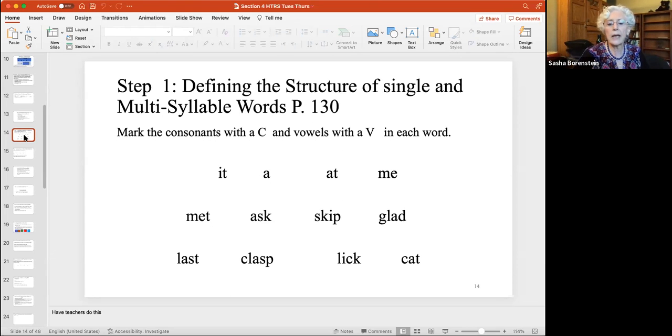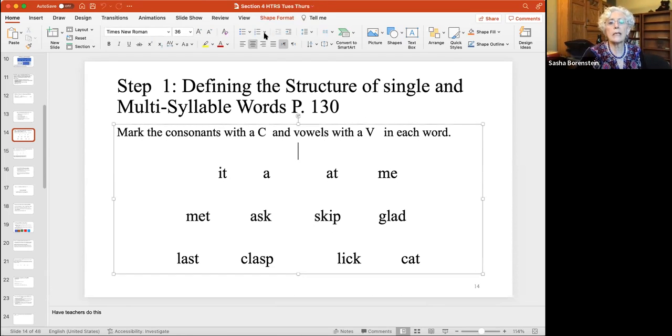So what I would like everybody to do right now with this slide is write down the consonant vowel patterns for these words. So I'll do an example. If I'm doing the word it, what I would write down for it is I would write a V above that single vowel and a C above the consonant.